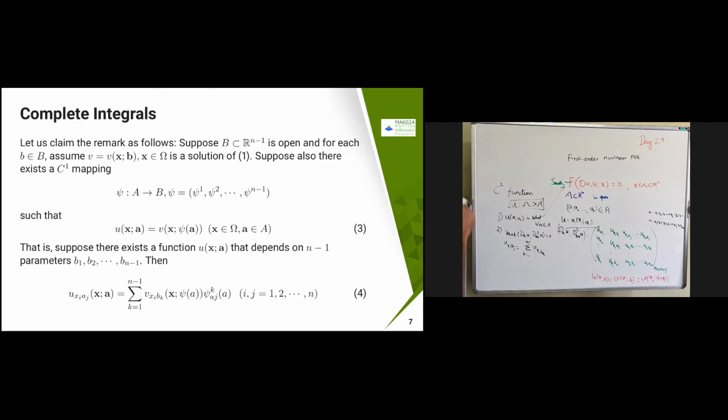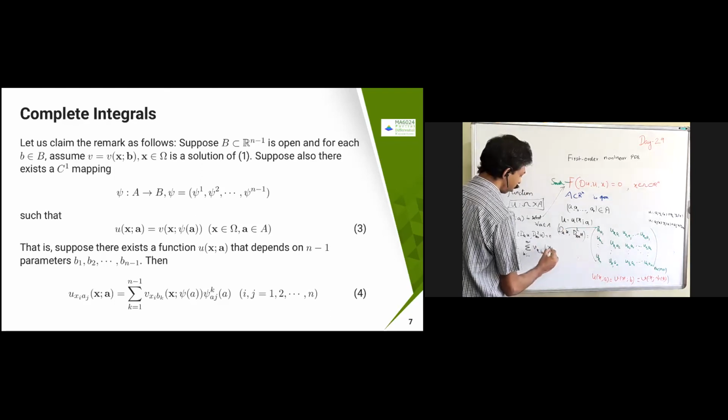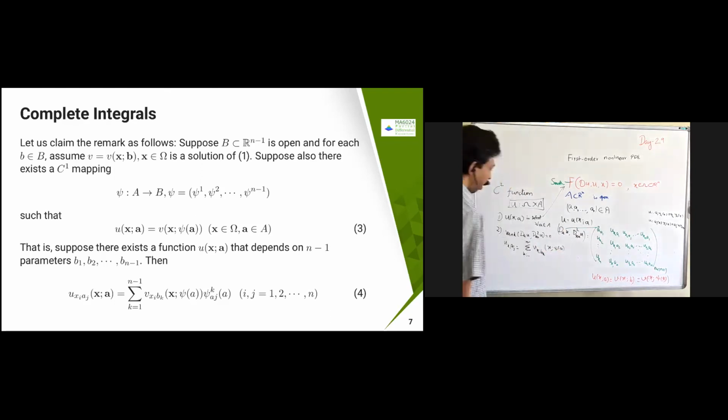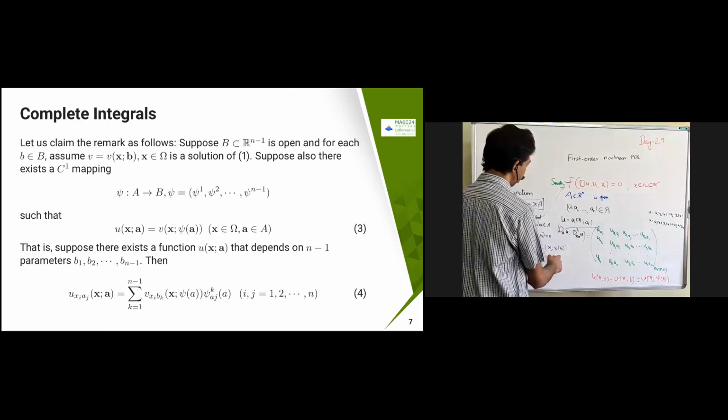Aj is a function of psi of a, therefore v xi bk of x comma b, where b is nothing but psi of a, into the derivative of psi a also, because of the chain rule.